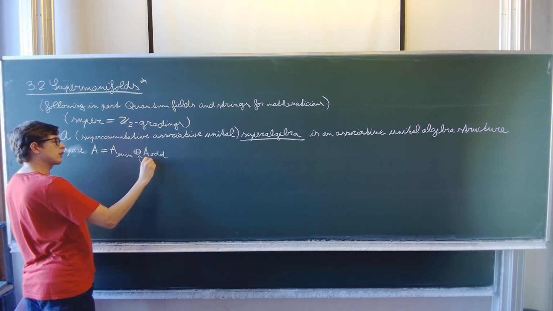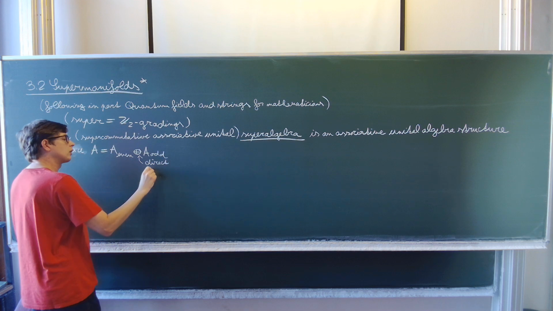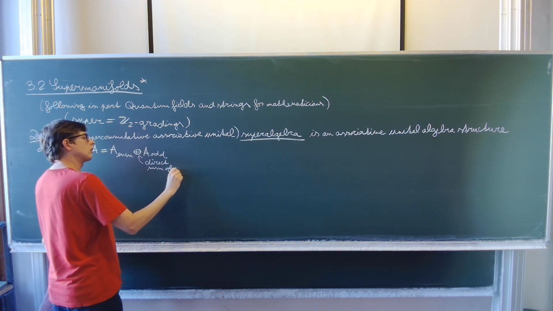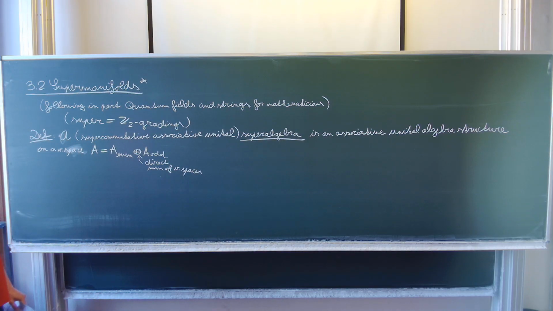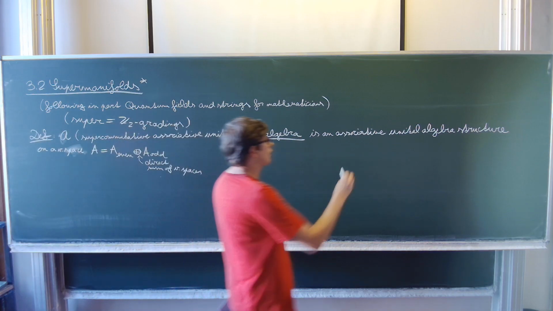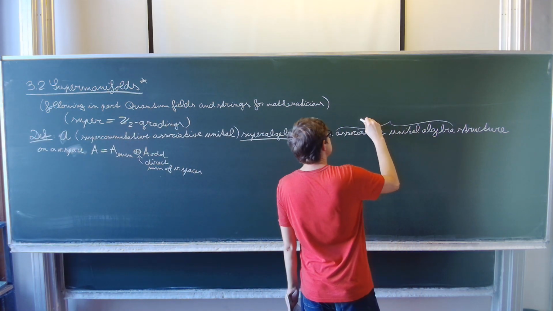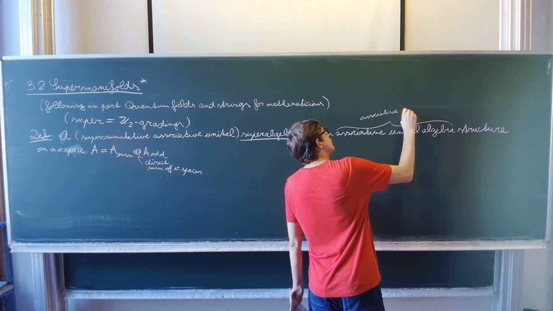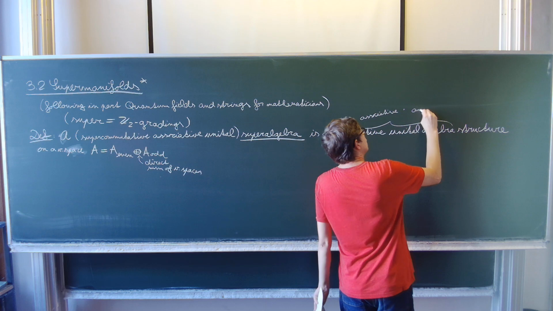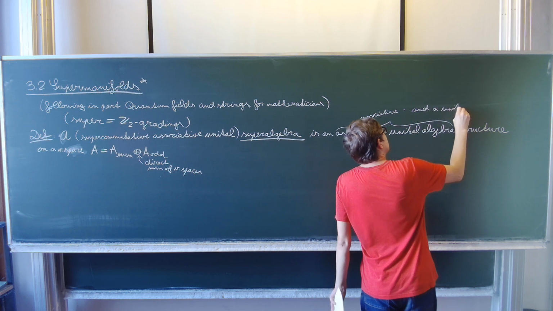Okay, so this is a direct sum of vector spaces. I just take this as one vector space, and I want this to have an algebra structure, which means that I have a multiplication and I have a unit. Associative unital algebra means that there is an associative multiplication, and a unit 1.